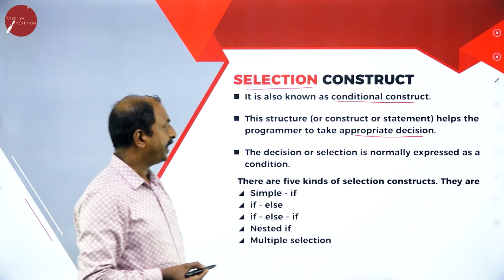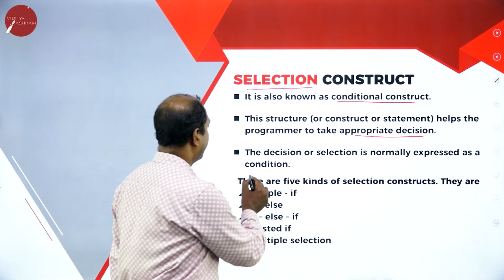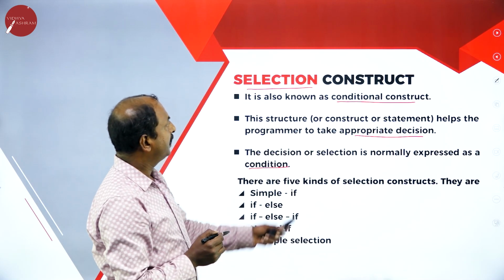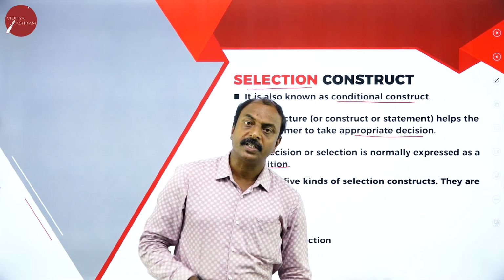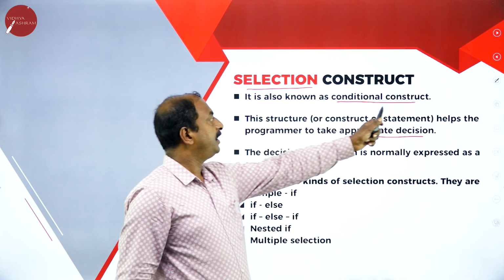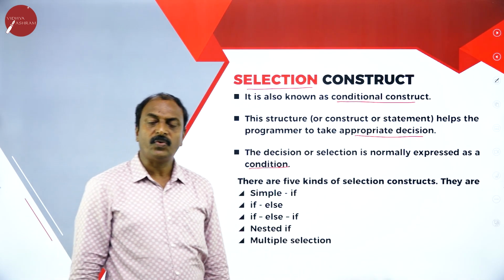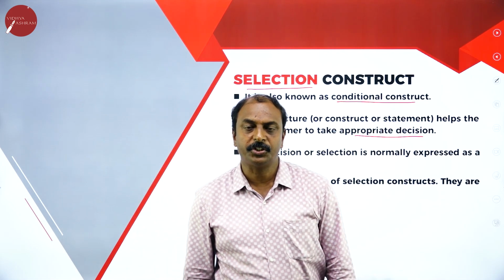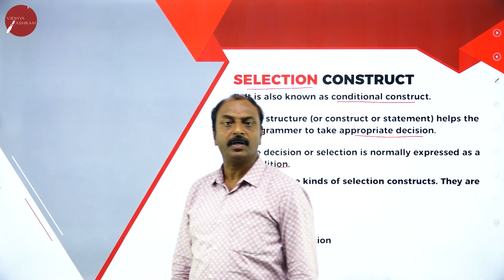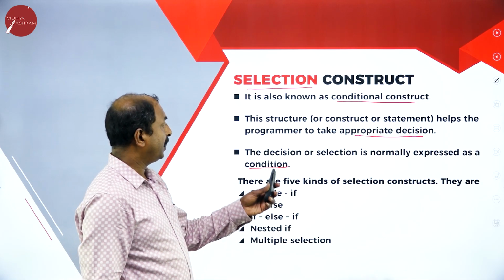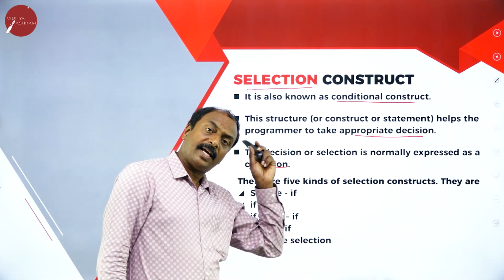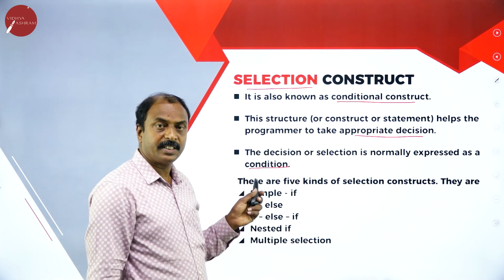The decision or selection is normally expressed as a condition. Here the user can check for different types of conditions according to the problem. Based on this, the programmer can take a decision based on the conditions given.